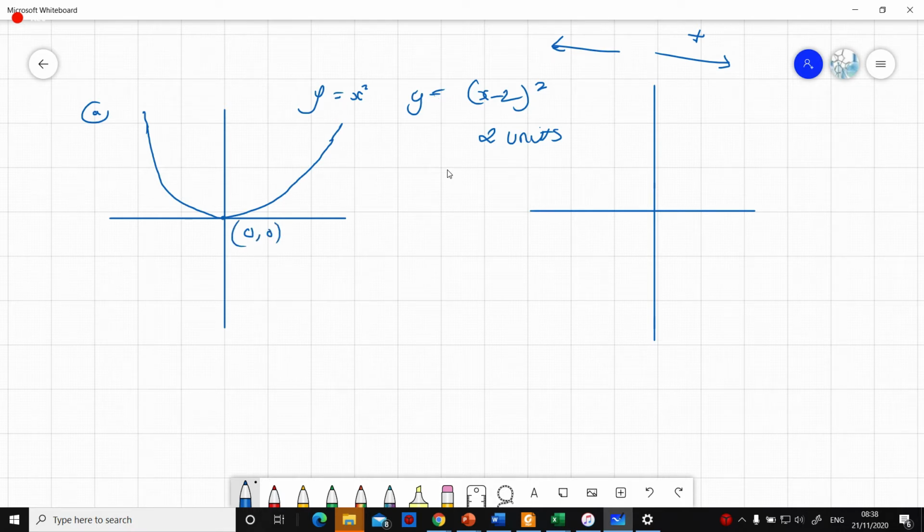So if we look at our point 0, 0, if we move x minus 2 that way, then we add to the x value. We do not touch the y-axis. We keep the y exactly the same. So adding 2 gives me 2, 0. And that looks like it's going to be about here. And our new curve is going to look something like that.